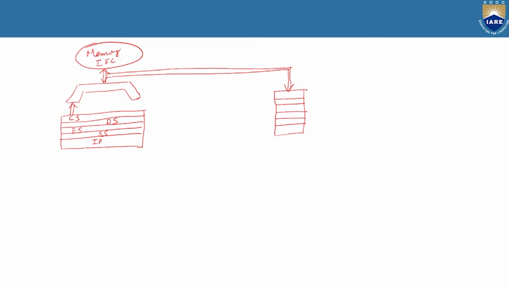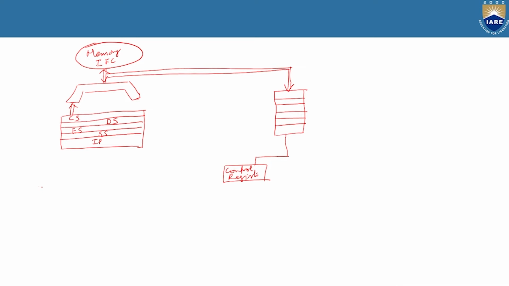And from there, the instructions are passed on to the control register for decoding. These are control registers which do the instruction decoding. Okay. So this is all the bus interface unit.